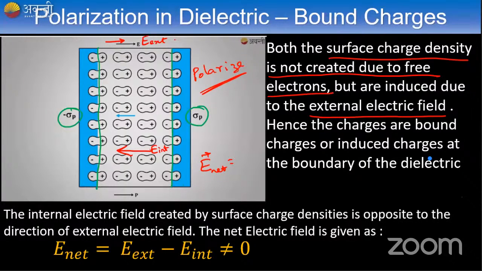Guys, I hope you got my question. The internal electric field, produced by the surface charge densities, the positive on the right hand side and the negative on the left hand side, is E internal. Now compared to my E external, is my E internal less, more or equal?